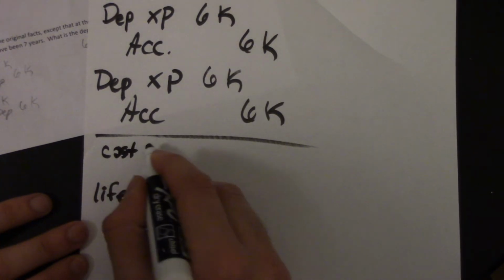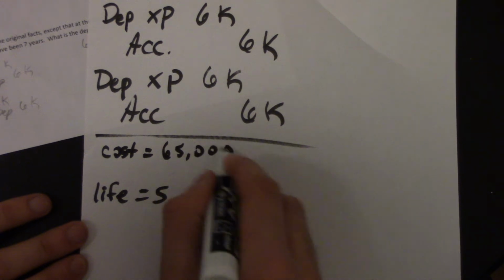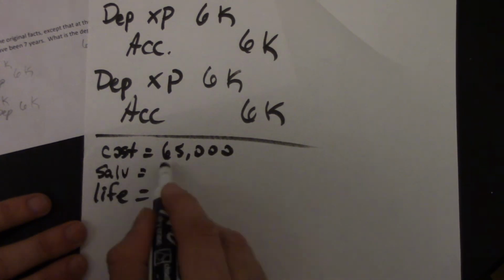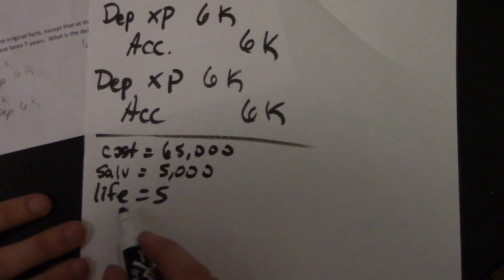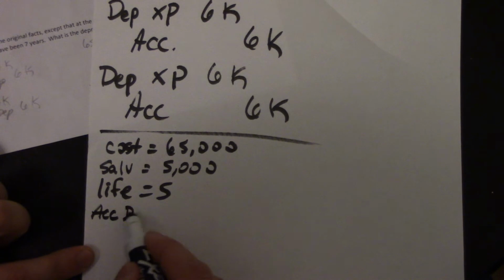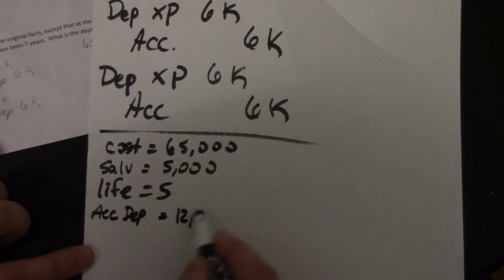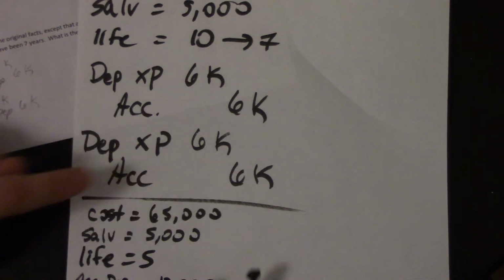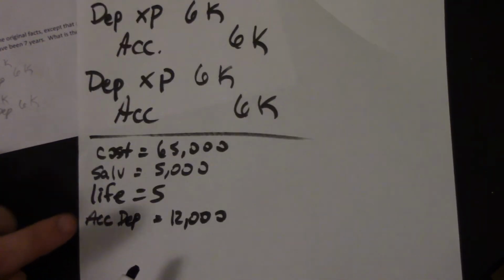Our cost is still 65,000. Our salvage value is still 5,000. But we've also got accumulated depreciation for 12,000. This 6,000 and this 6,000 is 12,000.